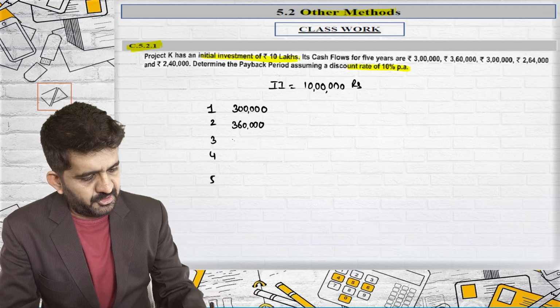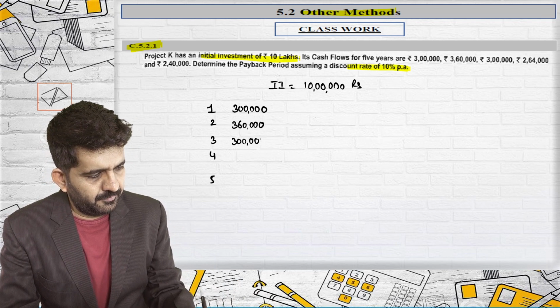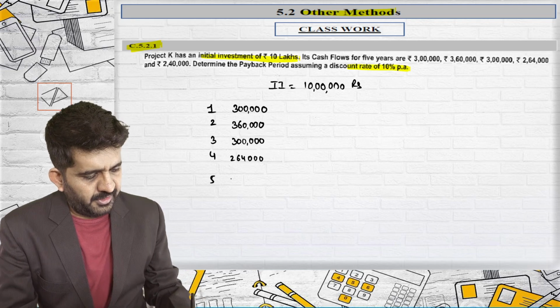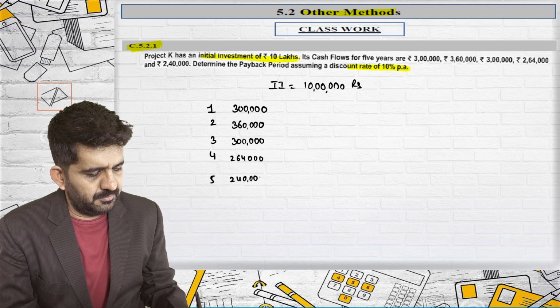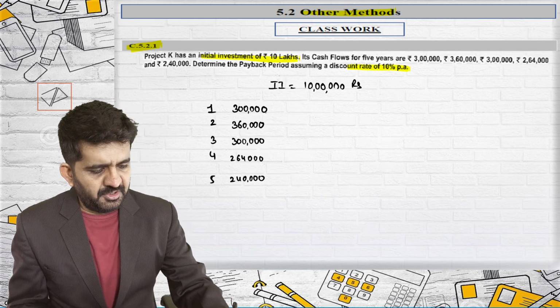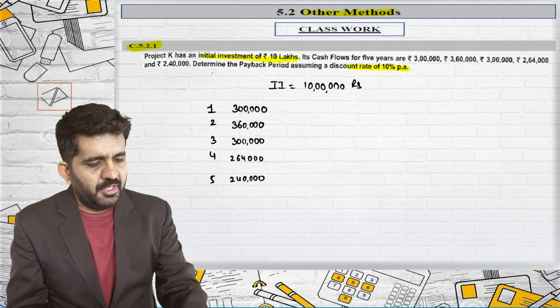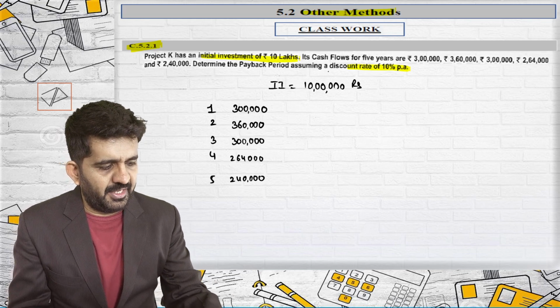It is first year 3 lakhs, 3,60,000. Again 3 lakhs, 2,64,000, and 2,40,000. These are the 5 years cash flow which are given: 3 lakh, 3,60,000, 3 lakh, 2,64,000, and 2,40,000. Determine the payback period assuming a discount rate of 10%.